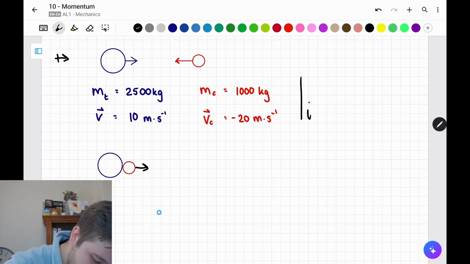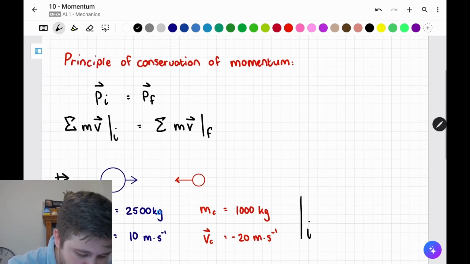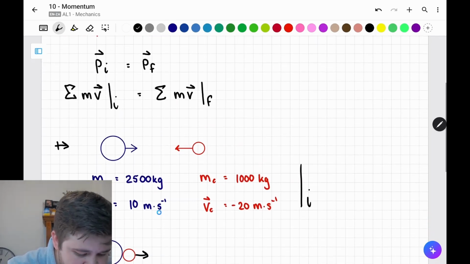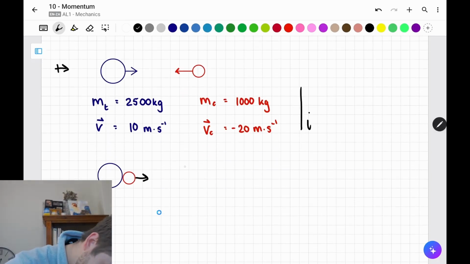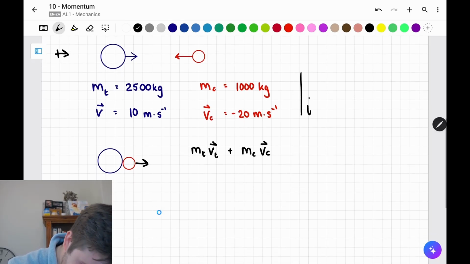To start that, let's use our principle of conservation. The sum of my momentum before should equal the sum of my momentum after. Therefore, we can say mass of the truck multiplied by velocity of the truck, plus mass of the car multiplied by the velocity of the car.